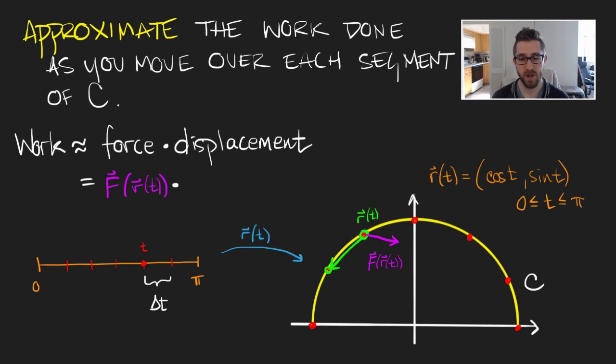What we did is we're drawing the vector that starts at r of t and goes to this point. Well, this other point is what we get if we start at t and advance by delta t. So over here we have t plus delta t, which means that the second green point is r of t plus delta t. And so the displacement vector is, well, it's exactly r of t plus delta t minus r of t.